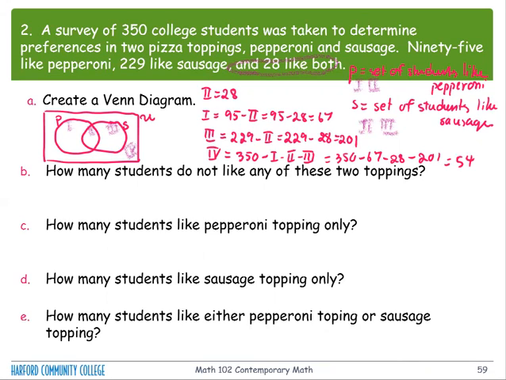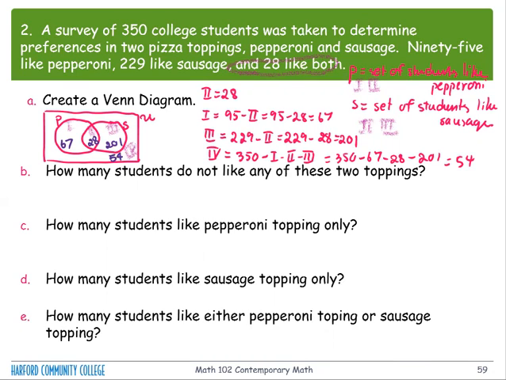So put the numbers in. Region 1, 67, region 2, 28, region 3, 201, and region 4, 54. Now we get the completed Venn diagram.